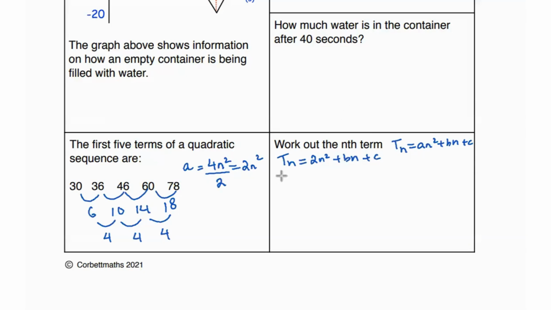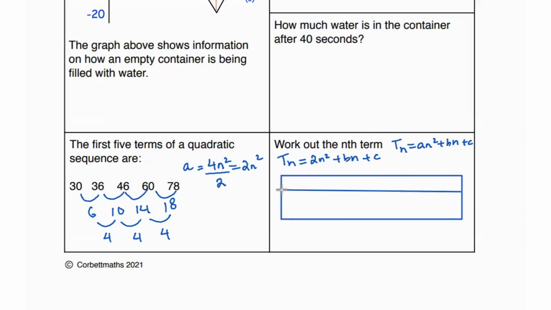So for this, I'm going to make a table where I'm going to write the original sequence first. Then I'm going to write a sequence that will be created based on the nth term being 2n squared. So original sequence is 30, 36, 46, 60, and 78.